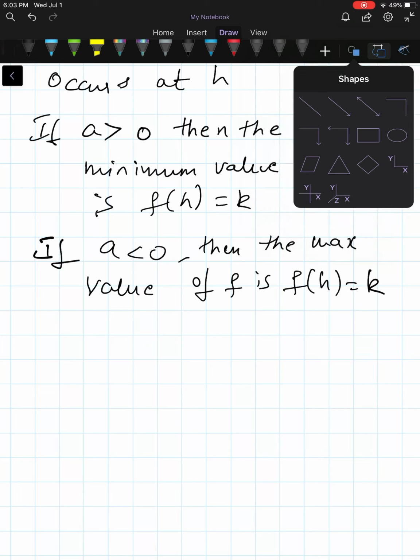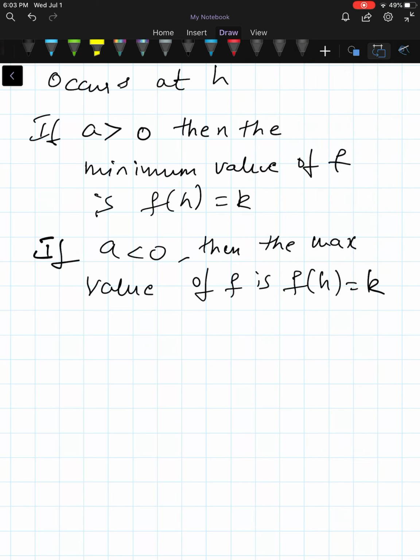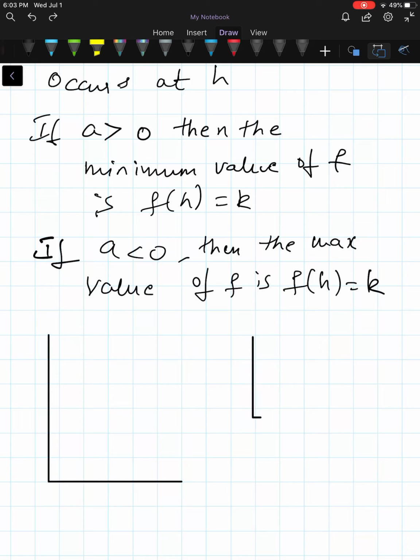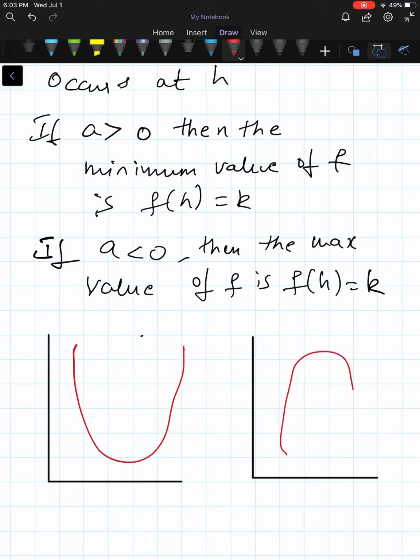Graphically, if you want to look at the graphs, you will have two graphs. One will be an upward graph and the other will be a downward graph. This is a downward parabola and this is an upward parabola.